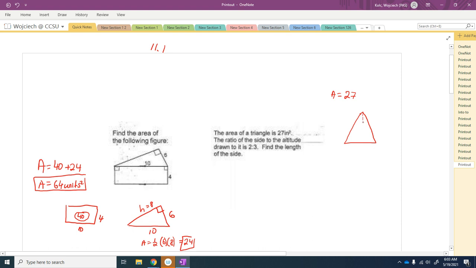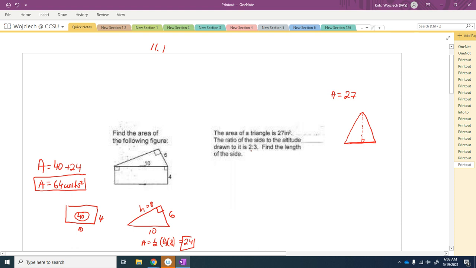The ratio of the side to the altitude. The altitude is not always, but in this case, in the middle. And the side is this one. They're talking about this side because the altitude and the side have to be perpendicular. So the ratio of the side to the altitude is 2 to 3. What does this mean? If this is 2, the altitude is 3.